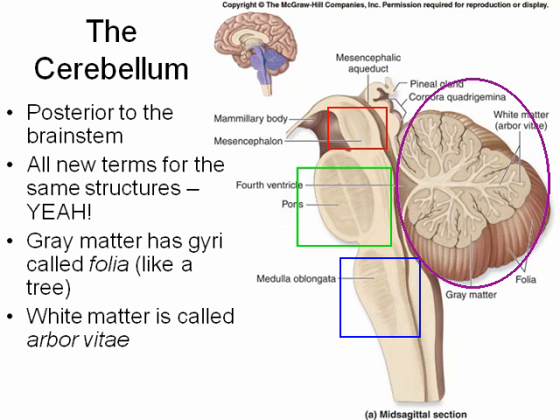You can see that the cerebellum, like the cerebrum, is made up of white matter and gray matter. That white matter within the cerebellum is referred to as arbor vitae, and the gray matter is the folia. Think of trees. Arbor vitae is a type of tree, and that white matter kind of looks like a tree trunk with branches coming out. And then the foliage surrounds the branches going around.